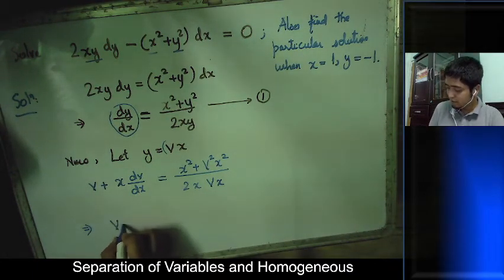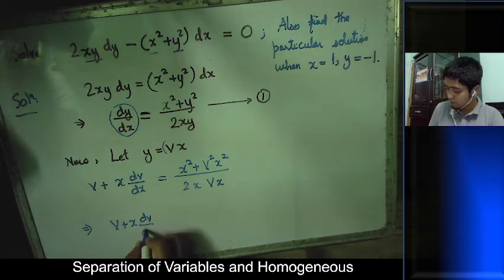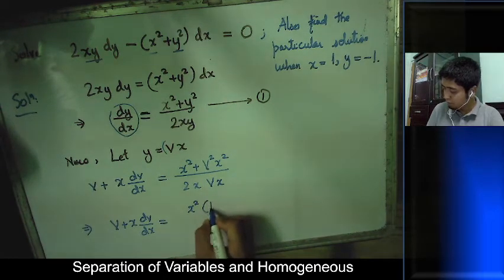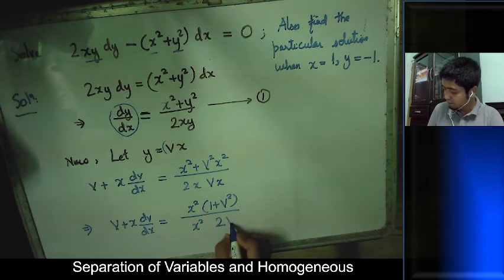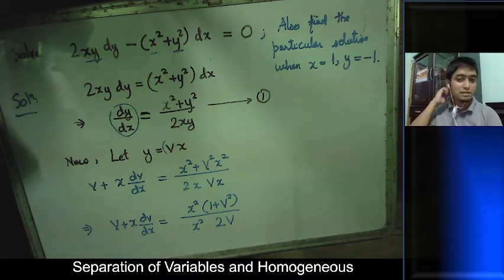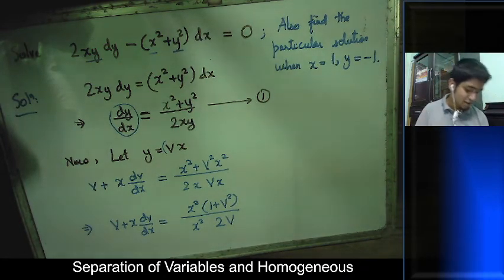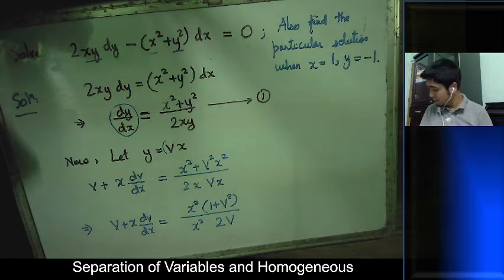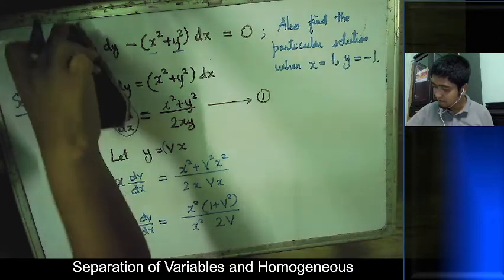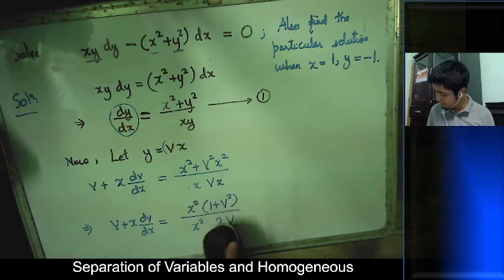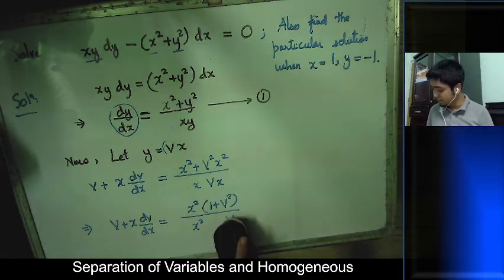Again we can write it down: you will be getting x squared times (1 plus v squared), and x squared times 2v. Maybe let us make the question a bit easier. Let us do this one first without any 2. It will in fact be simpler, I feel.